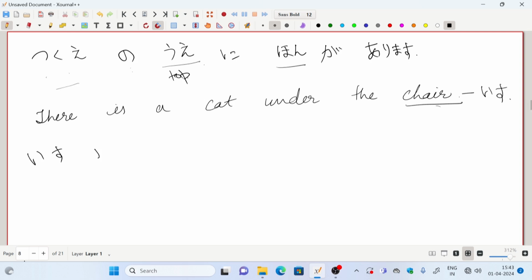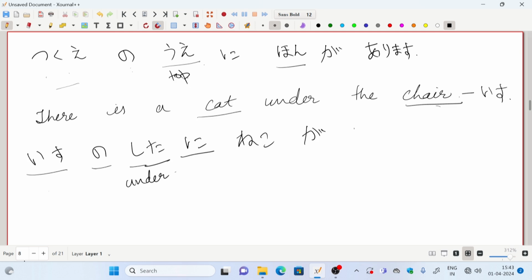Isu no shita, shita is under. Under the chair, ni is for location. Cat is called neko. Isu no shita ni neko ga. Since it is a living being, it will be imasu.